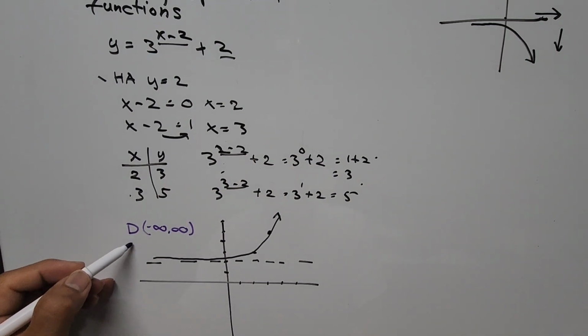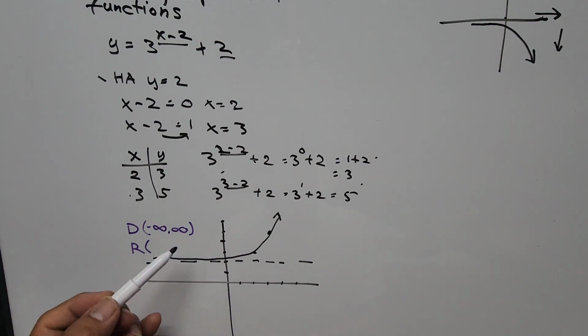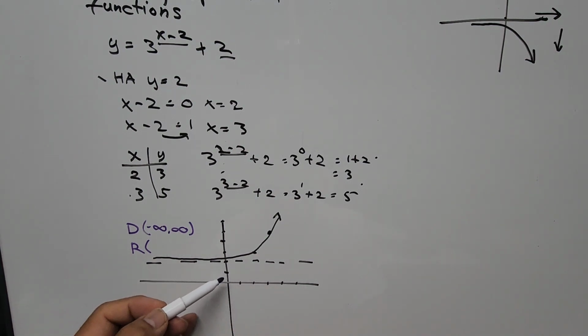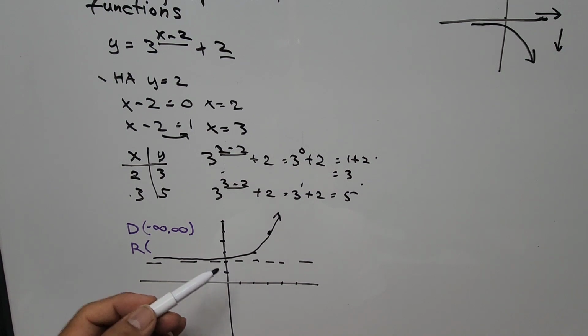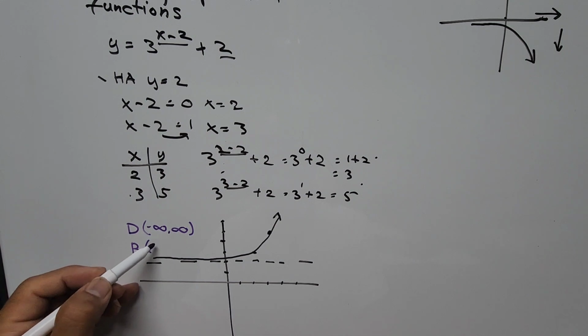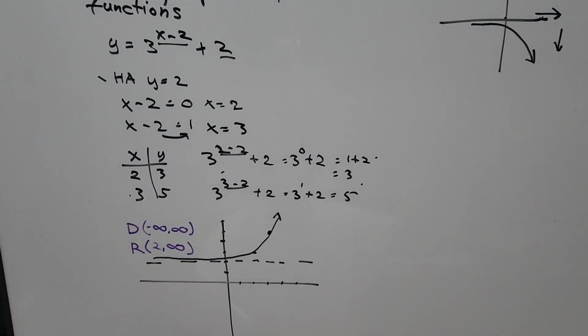And what about the range? The range is limited by the horizontal asymptote, and here it is y = 2. So it's 2 to positive infinity, but it does not include 2.